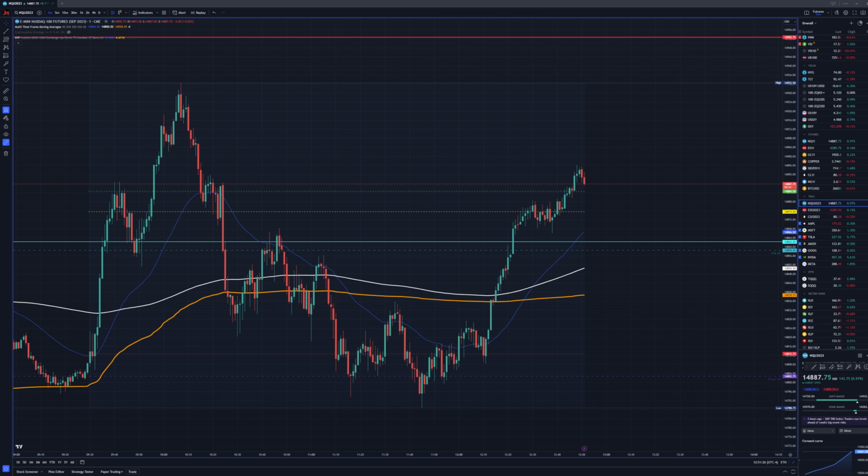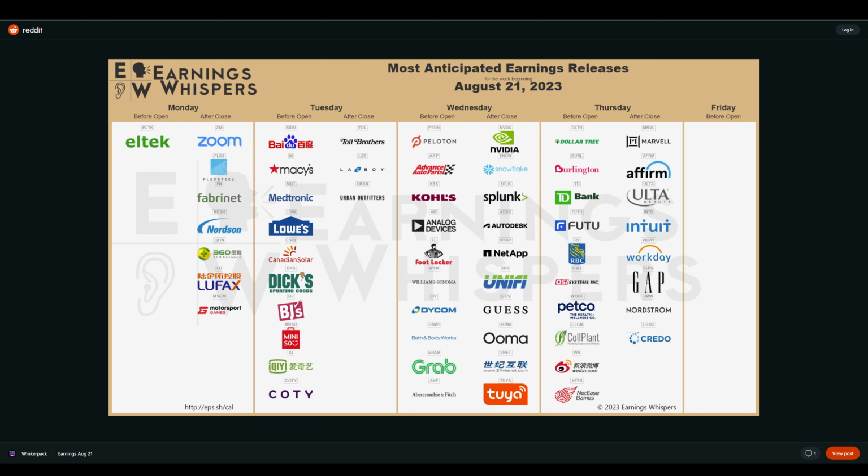One last thing regarding the earnings. This week we have Nvidia on Wednesday after the close. I think Nvidia is buy the rumor, sell the news. We have to look a lot into detail into the earnings, because there's a lot of expectations for Nvidia to grow big time, fueled by AI.